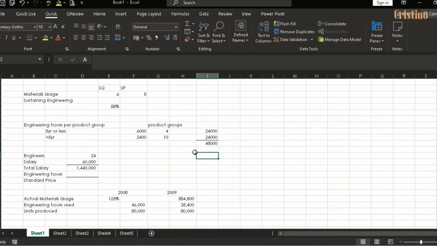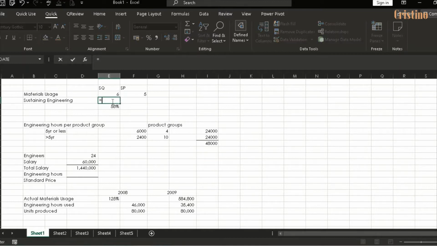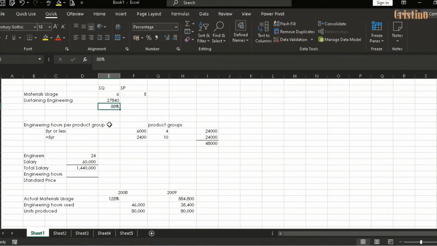To get the standard quantity for sustaining engineering, we multiply 58% by the practical capacity, which is 58% multiplied by 48,000, giving us a standard quantity for sustaining engineering of 27,840. For the standard price, we are given the number of engineers and their salaries. There are 24 engineers with salaries of 60,000.